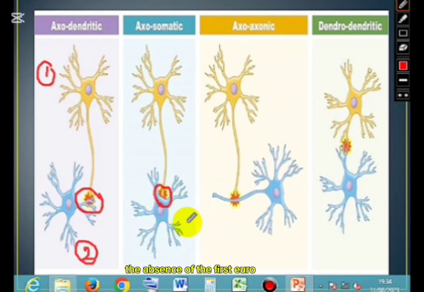The axon of the first neuron and the cell body or the soma of the second neuron. And that kind of synapse is known as the axosomatic synapse. And then the third one is the axoaxonic synapse. The axoaxonic synapse is formed by the axon of the first neuron and the axon of the second neuron.